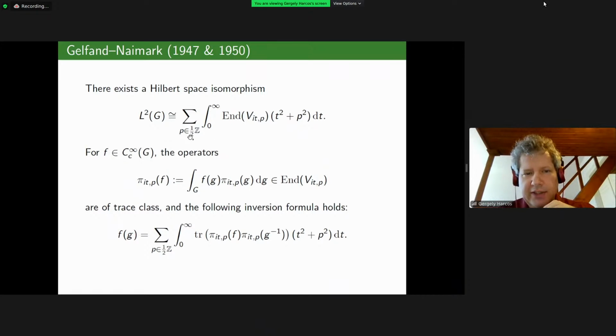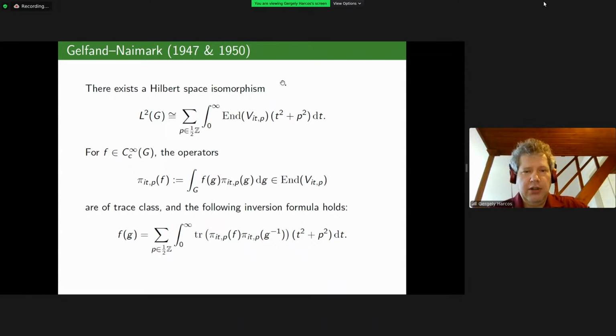So here I spelled it out in very concrete form. I made the integral and sum on the right-hand side so that the (it, p) pairs exhaust the principal series. And apart from t equals 0, where (0, p) and (0, minus p) are equivalent representations, each representation occurs with multiplicity 1. And for t equals 0, the measure is 0, so it's like those doublings were not even there.